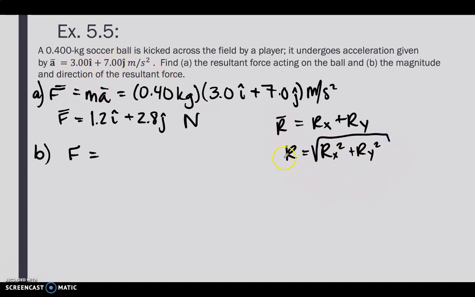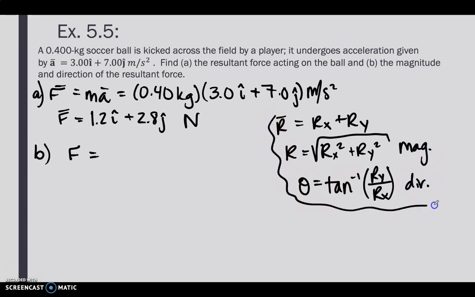And the direction will be the tangent inverse of r sub y over r sub x. So this is our magnitude and this is our direction. This is just little reminders for us when we're going through this.